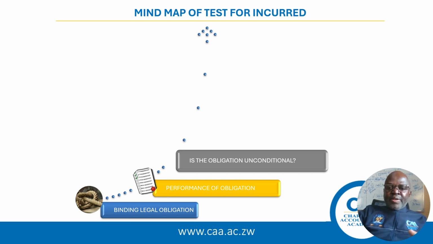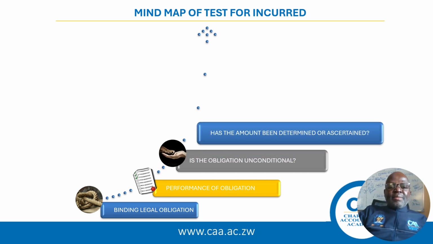Or, I will pay you your rentals depending on how much I make in terms of my own revenue. That's a conditional obligation, and unless the condition has been satisfied, the inescapable obligation does not arise.